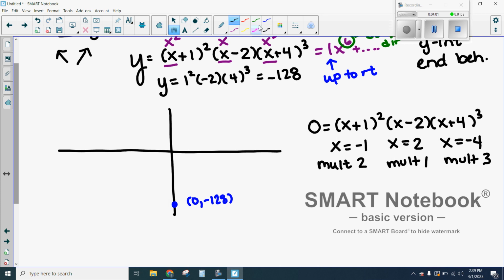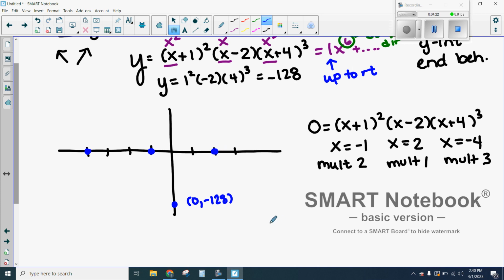That tells me what happens on my graph. Again, -1, 2, -4. My graph is going to intersect the x-axis here, and here, and here.